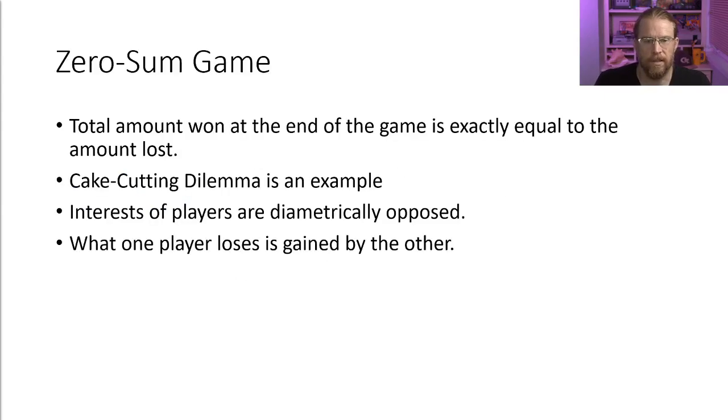This is what is called a zero-sum game. It's a zero-sum game because the total amount won at the end of the game is exactly equal to the amount lost. In the case of the cake cutting dilemma, the amount lost is whatever amount of cake goes to your opponent, and vice versa. In that situation, the two players' interests are diametrically opposed, and whatever one player loses is gained by the other.